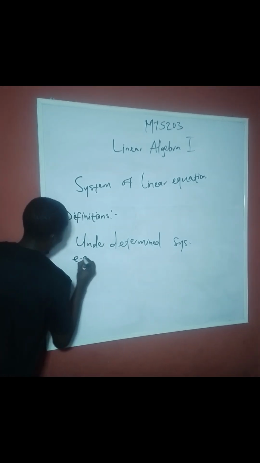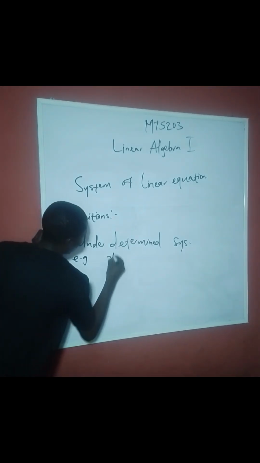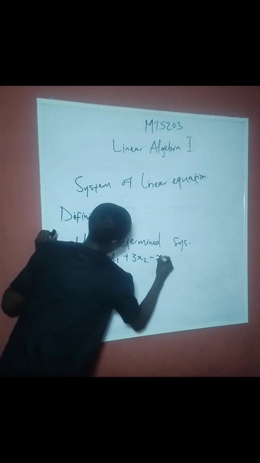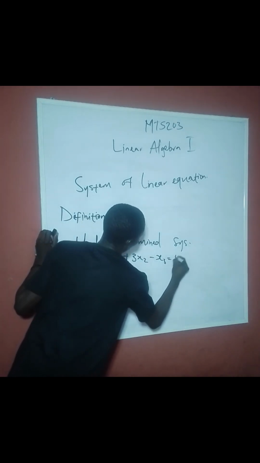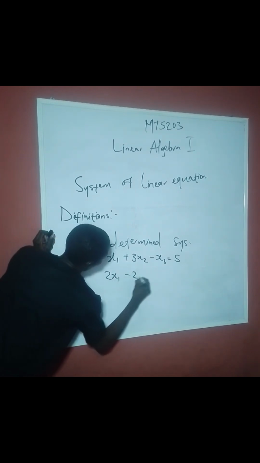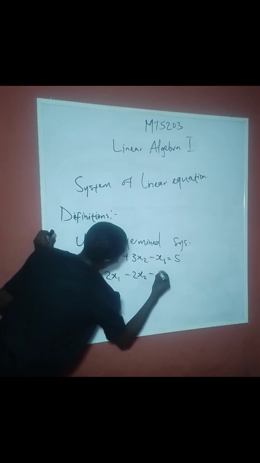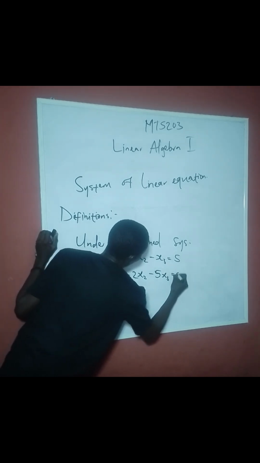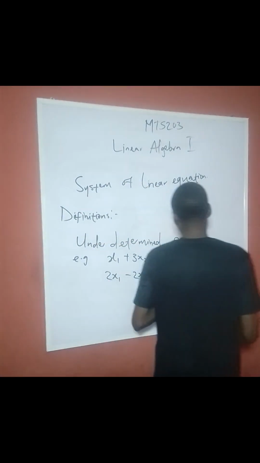x1 plus 3x2 minus x3 equals 5, and 2x1 minus 2x2 minus 5x3 equals 0. These are examples of an underdetermined system of linear equations.